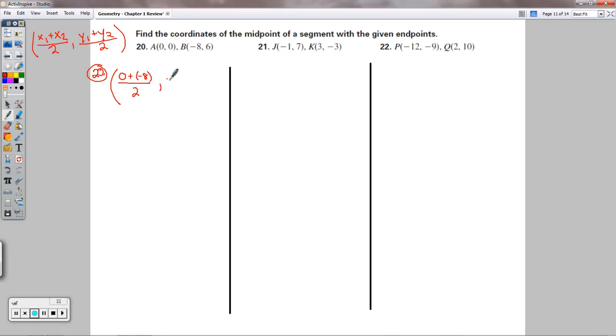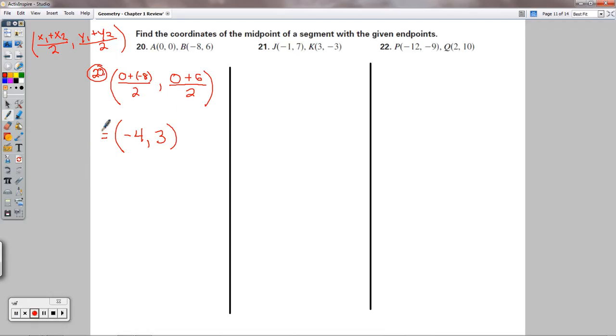That would be the same as 0 minus 8. And my y value is 0 plus 6, finding the average of the y values. So this would be -8 divided by 2, which would be -4. This one you'd have 0 plus 6, which is 6, over 2, which is 3.